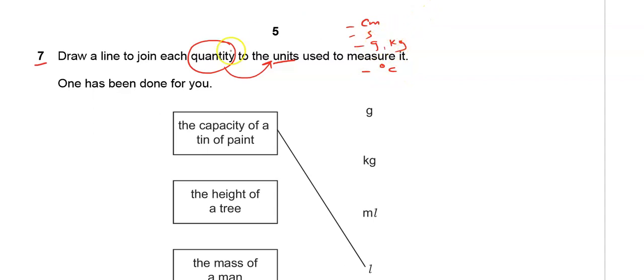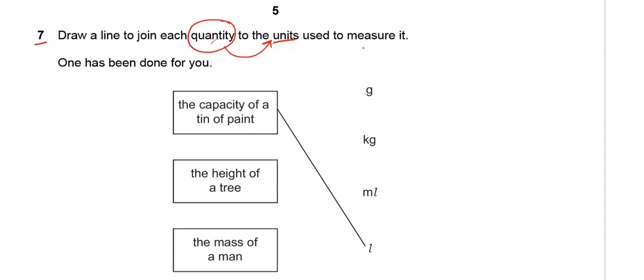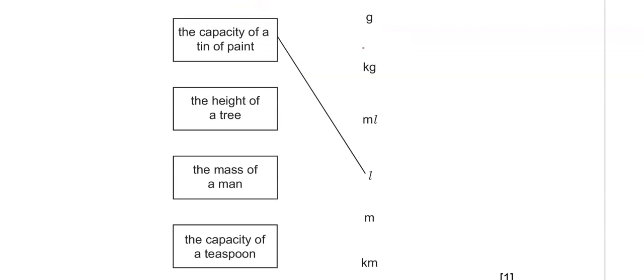So let's say capacity. What is capacity? Capacity is volume. Therefore, volume can be measured in liters, milliliters, centimeters cubed, and so on.